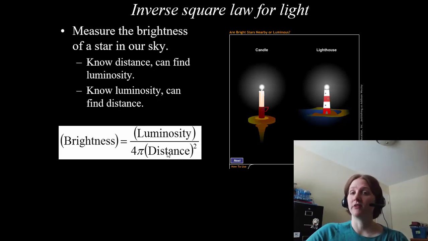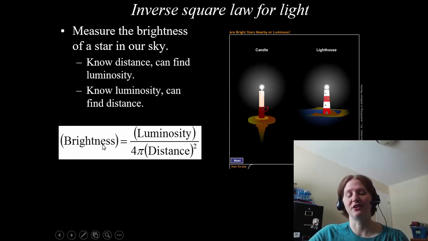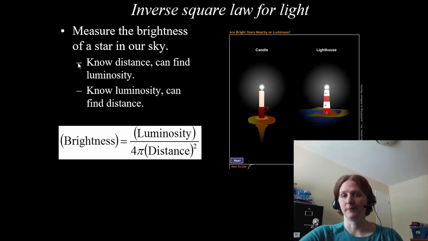And the easiest one for us to find as astronomers is brightness. How bright does it appear to us on Earth? So if you can see it, you can figure out its brightness. So then that leaves these two. And it might depend on the situation. Maybe in one situation, it's easy enough to measure the brightness and you know the distance. If you know the distance, this equation lets you calculate the luminosity.